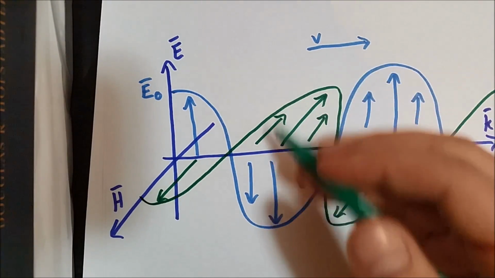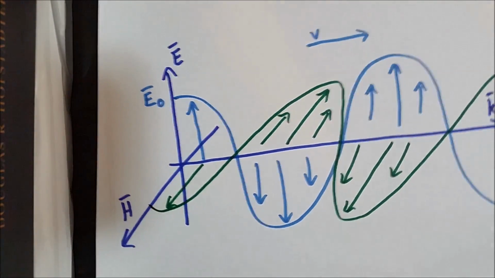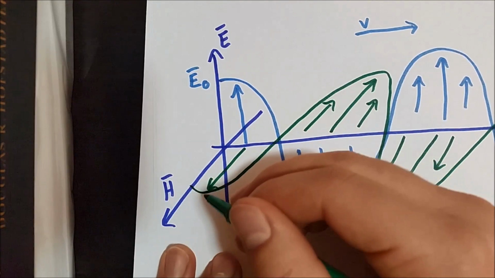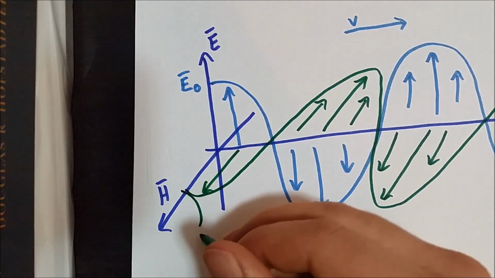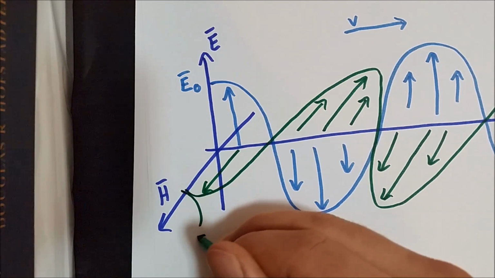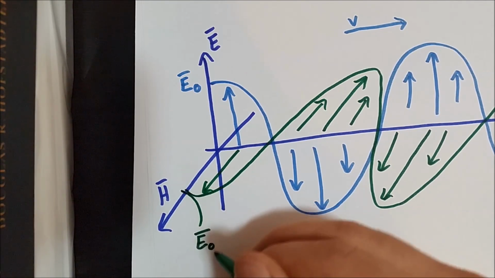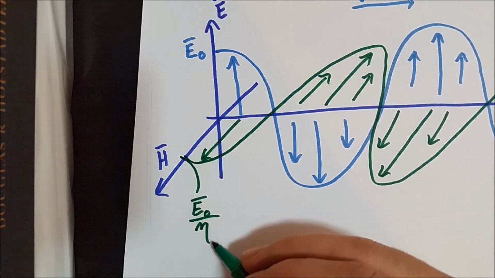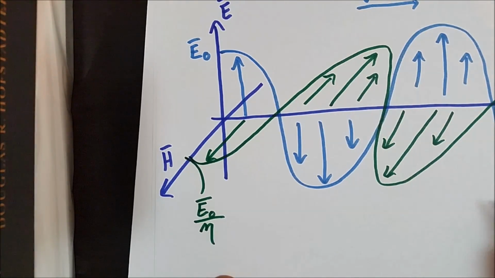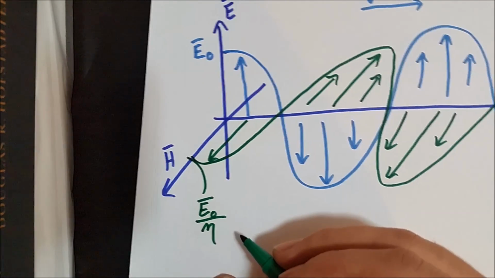And it moves at the exact same speed v. Its amplitude is related to the amplitude of the electric field divided by the impedance of the media that it's traveling in.